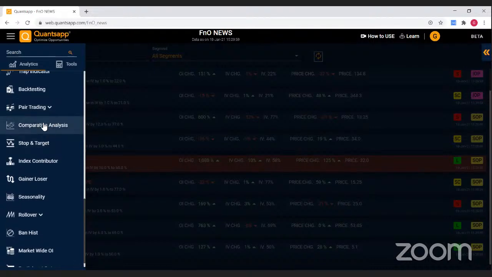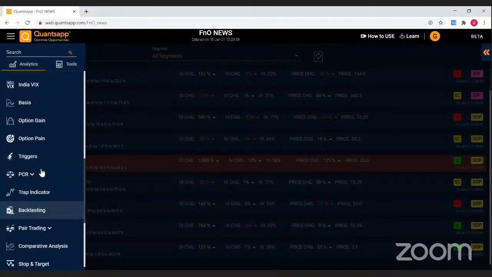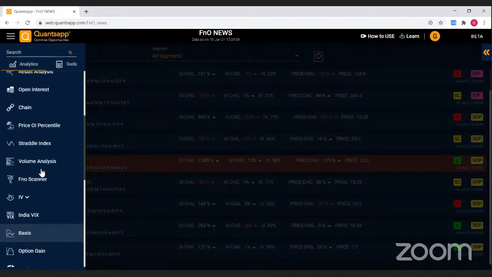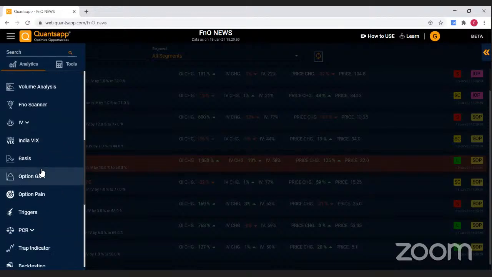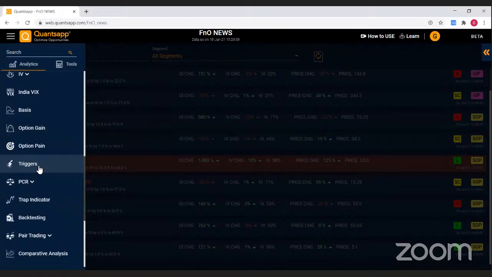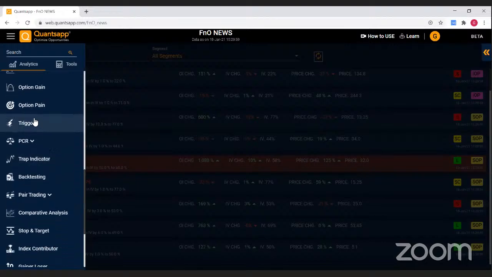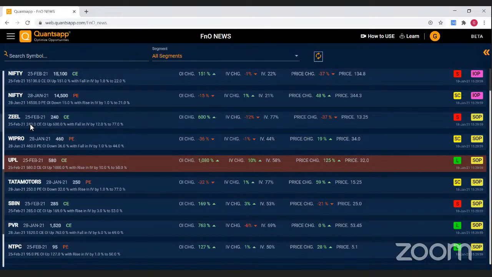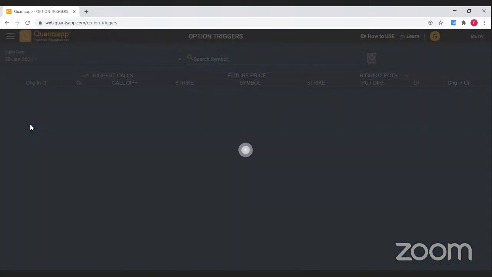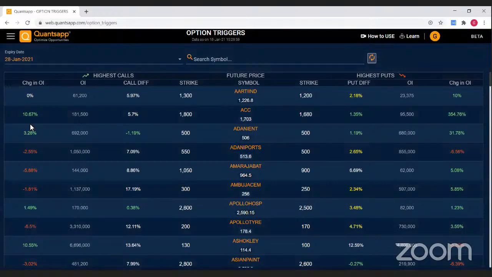We'll look into the comparative analysis, and we'll see about the triggers. Is anyone using the Quantsapp tool, and do you have any idea about the triggers?